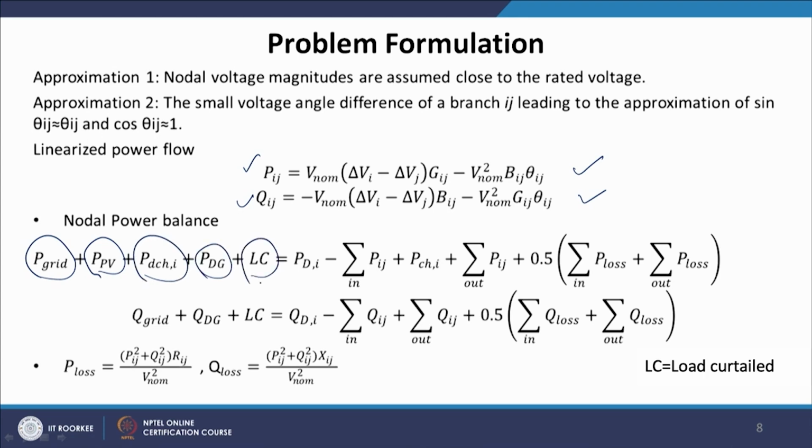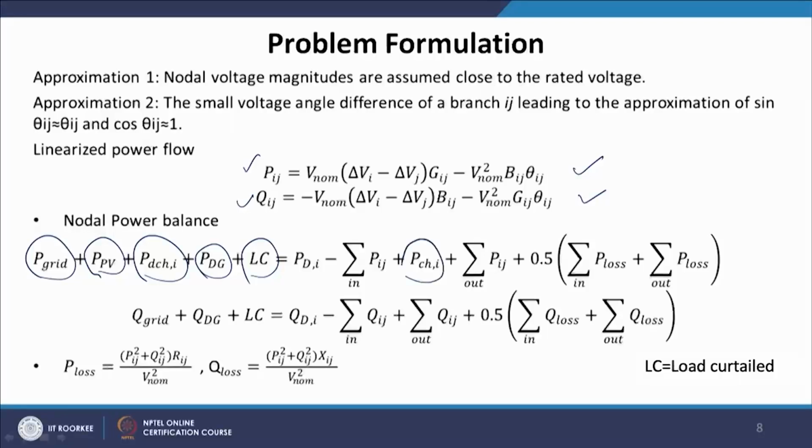So what we have done is, the sources of all power, that is, power coming from my grid, my PV, my battery which has been discharged, which is an input to my system, and P DG coming from the diesel generator, must be equal to my demand and the charging of the batteries, the loads being consumed, and also the losses. So, this is the important equation for real power balancing, and similarly you can have a reactive power balancing equation.